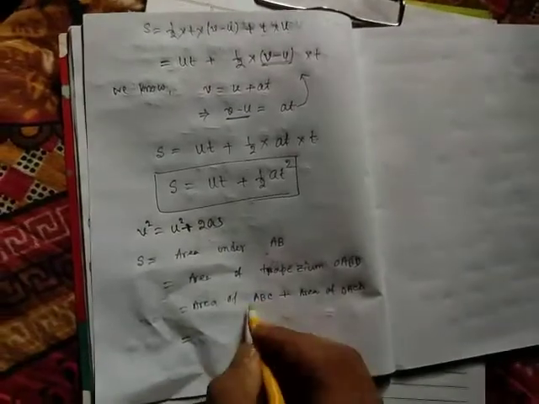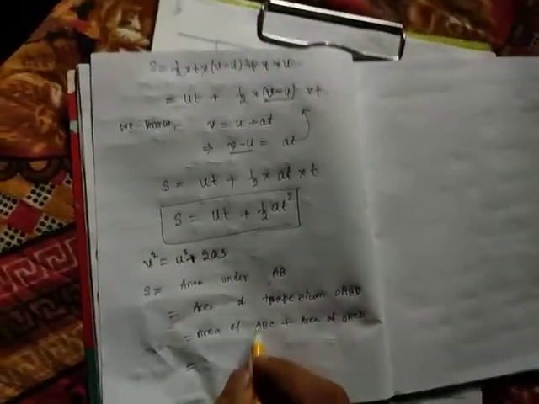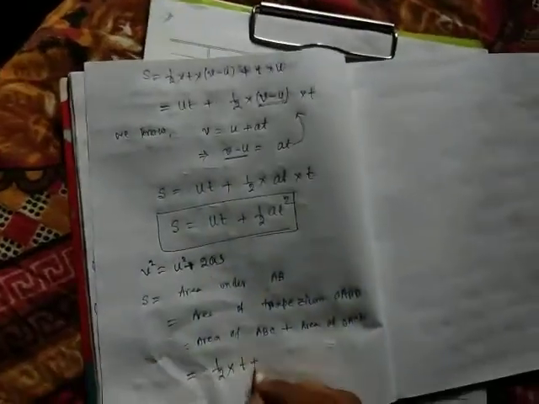What is the area of the triangle and rectangle? Half into T into V minus U plus T into U, same as before.